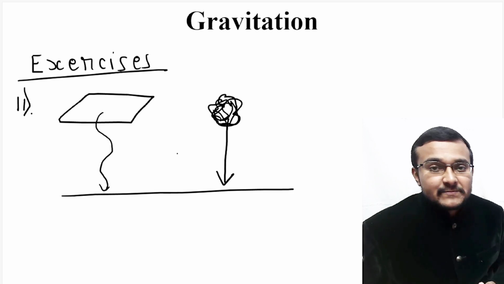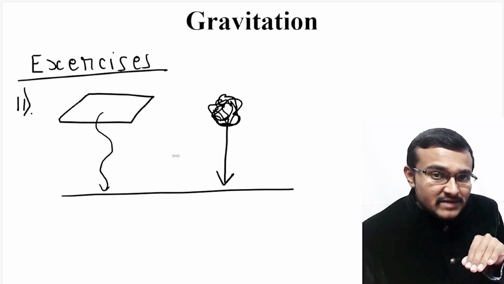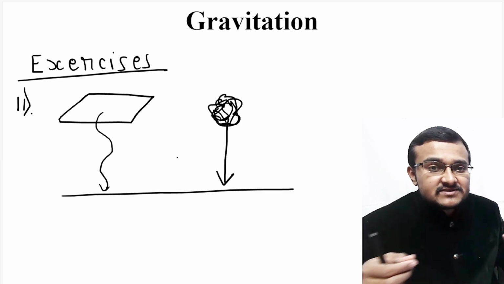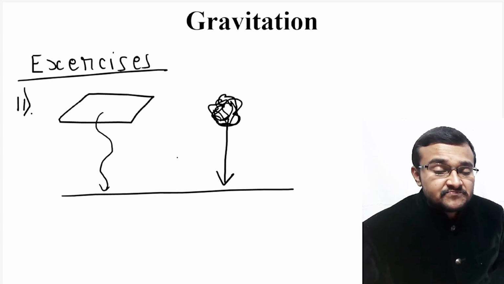So why is this happening? Why the same paper which is having same mass, when it is crumpled, it is taking less time to reach the earth surface, but when it was a paper, then it was taking more time to reach the earth surface.